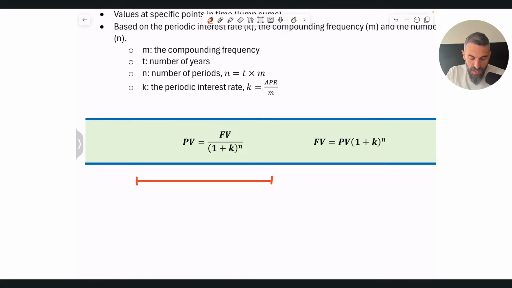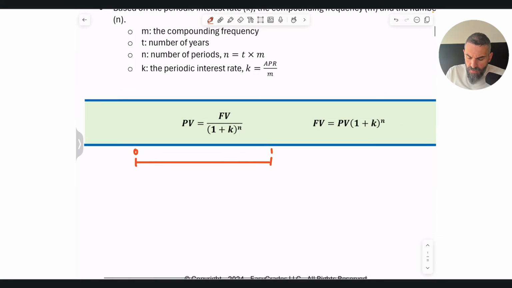This line represents 1 year, 0, 1, okay? But if you have a 10% interest rate that is compounded 2 times per year, well, it's not actually 10%. It's 5% 2 times a year. Now, that might sound like 10%, but it's not, because this 5% will compound on this 5% and so on.